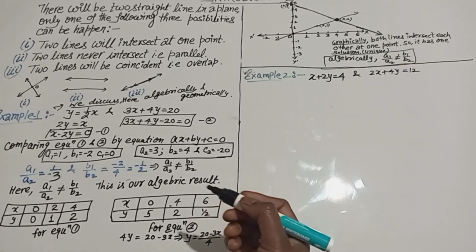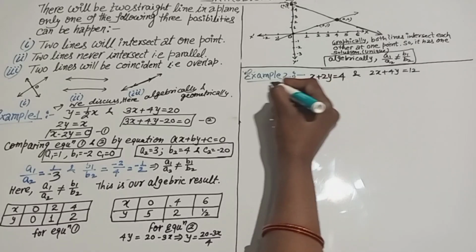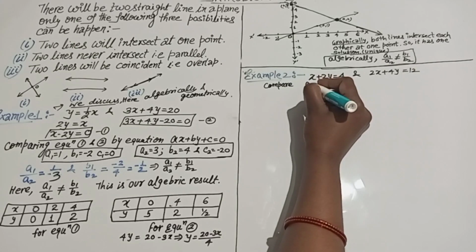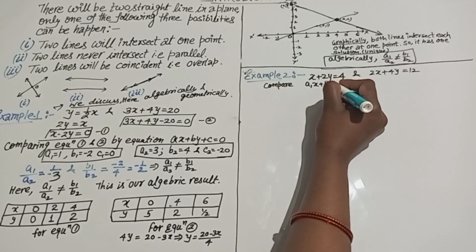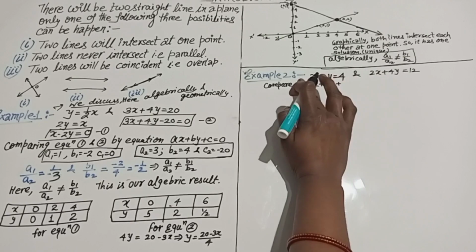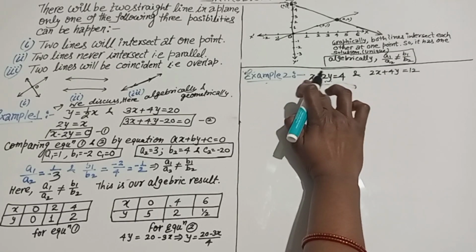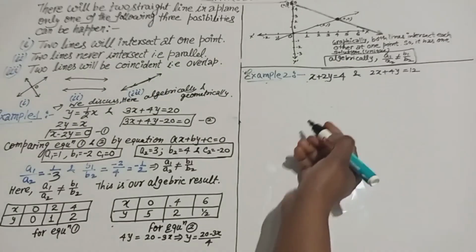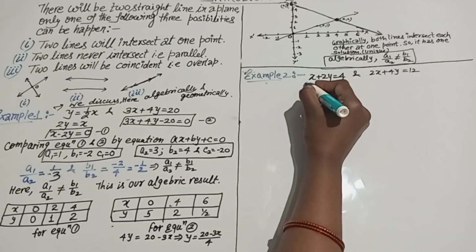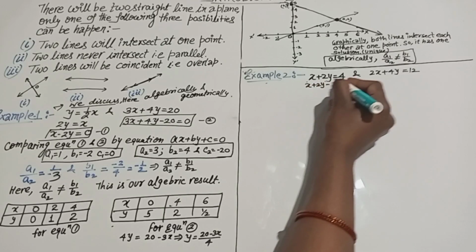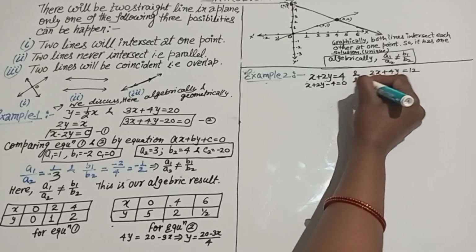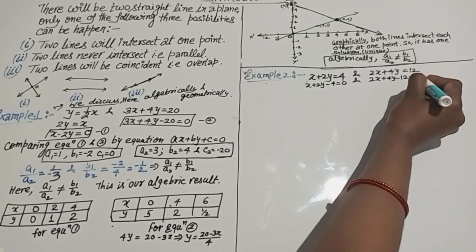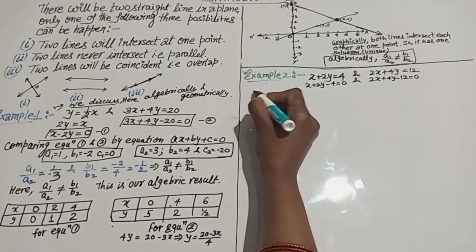First of all, we write this as x plus 2y minus 4 is equal to 0, and 2x plus 4y minus 12 is equal to 0.